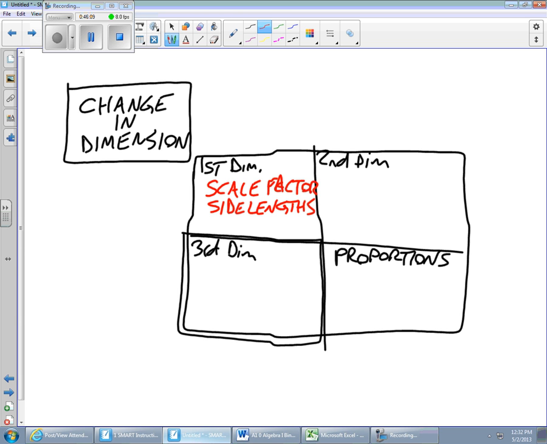And since the side lengths, when they're added together, become perimeter, then perimeter is also a first dimensional measurement. Okay. Second dimensional measurement, all we have in the second dimension is area. That includes two-dimensional area of a polygon and also surface area on a three-dimensional polygon. On the third dimension, the only measurement that we have is volume.